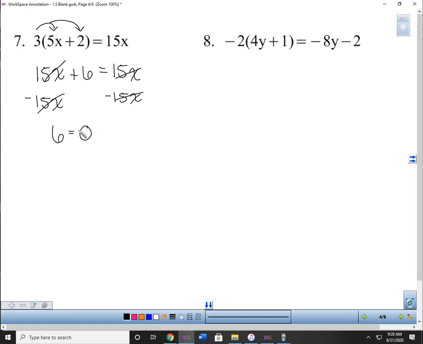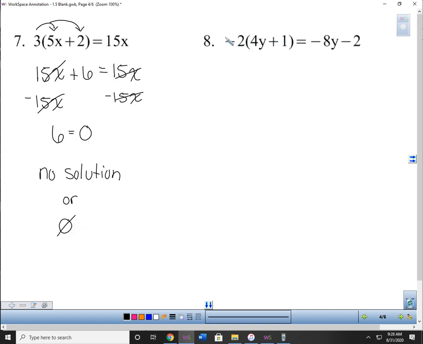Okay? So to figure out which one you have, you will look at what you have in the end. Does 6 equal 0? The answer to that is no, so this is no solution. So you can either write no solution, or if you prefer to use a symbol, you can do a 0 with a slash. That just represents an empty set.